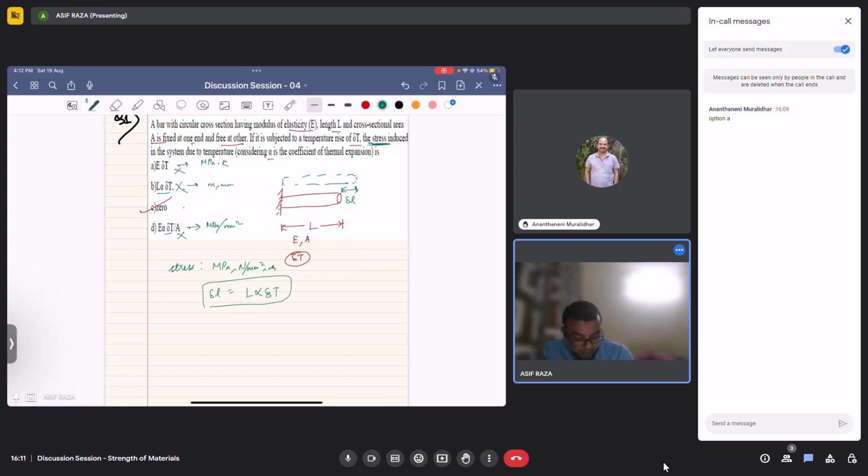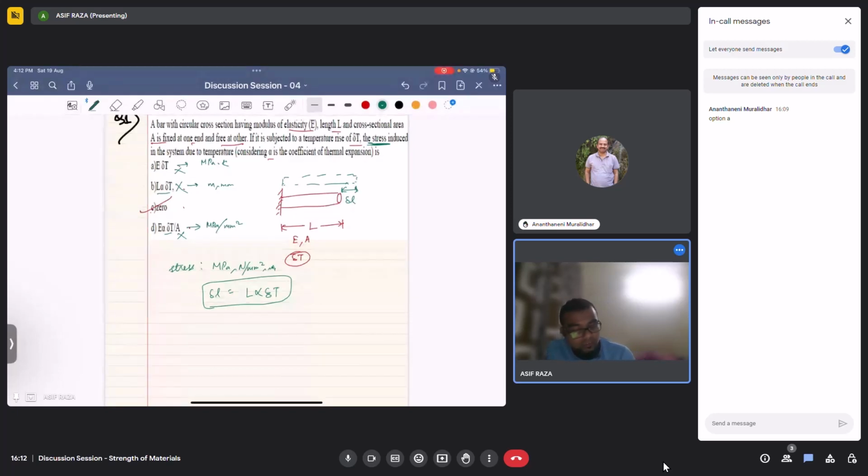If you see, this is restricted from one end and the other end is free, so there won't be any restriction on the expansion of the system. Since there won't be any restraint, there won't be any stress induced in the system.